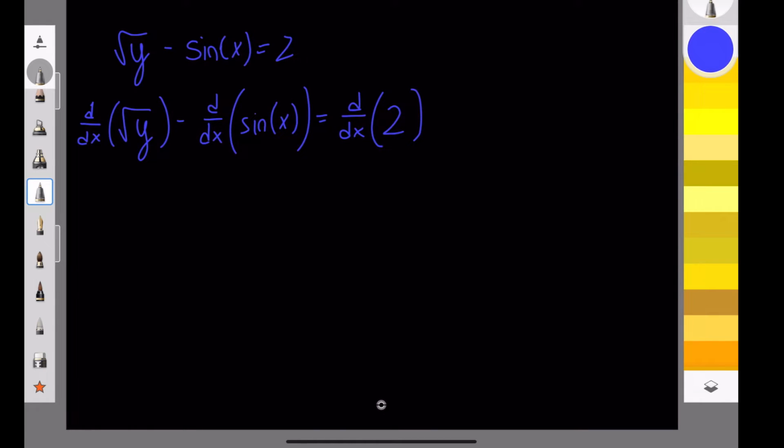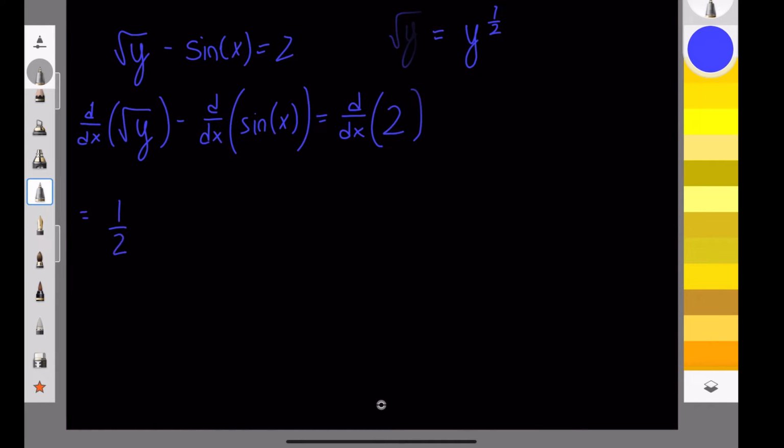What's another way to write square root of y that makes it easier for us to look at? Well, the square root of y is y to the power of 1 over 2. And so that makes the derivative just a little bit easier to do, at least for me.